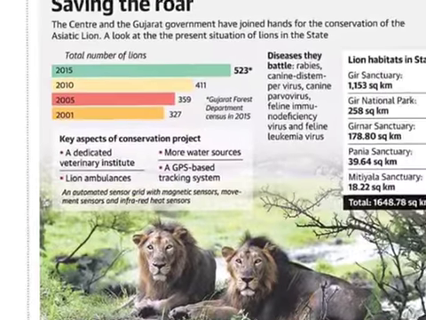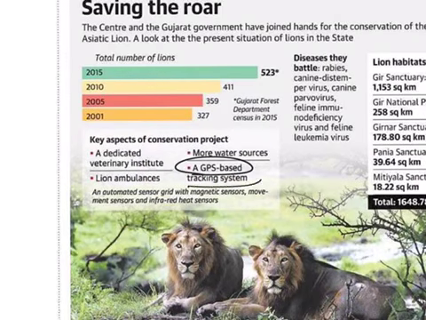It will also include a GPS based tracking system for surveillance, animal and vehicle tracking. There will also be an automated sensor grid with magnetic sensors, movement sensors and infrared heat sensors. The key outcome of the project is to have a dedicated veterinary institute, lion ambulances and a backup stock of vaccines that might be required.